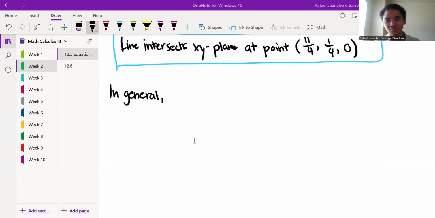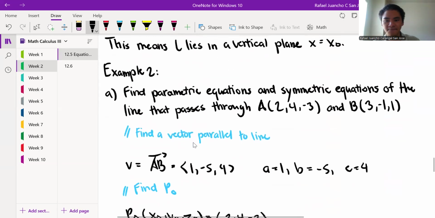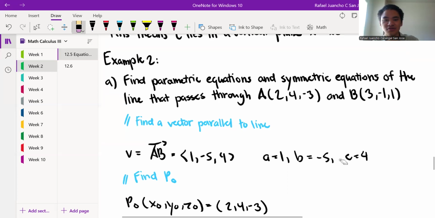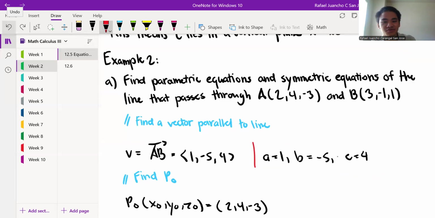Because if we notice here, we just looked at the difference of each of these points, 3 minus 2 is 1, -1 minus 4 is -5, 1 minus -3 is 4.